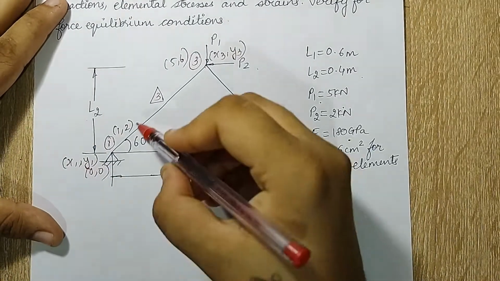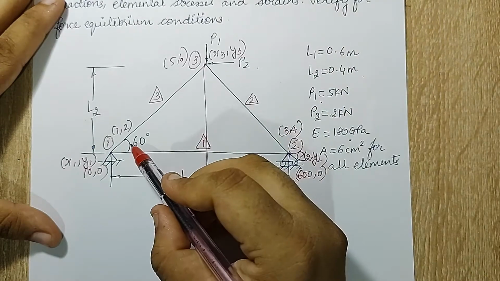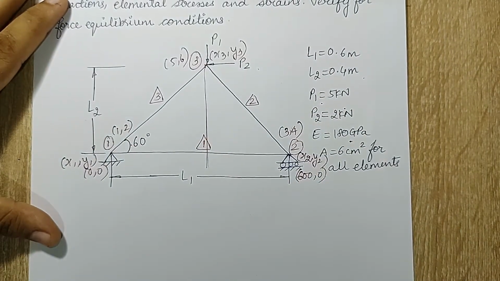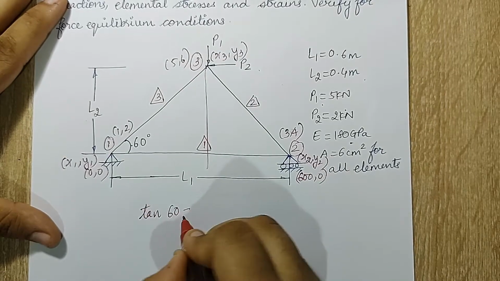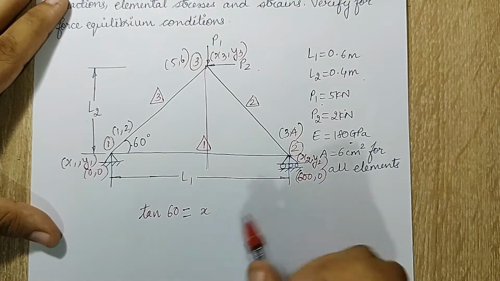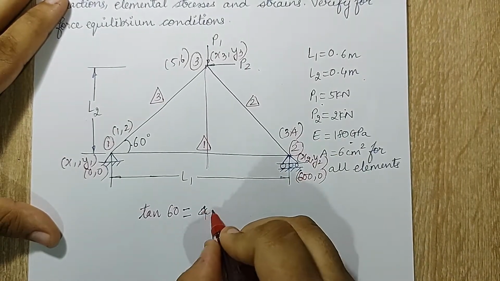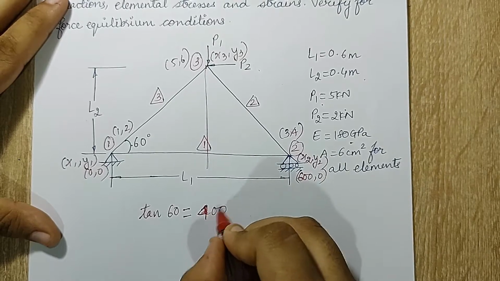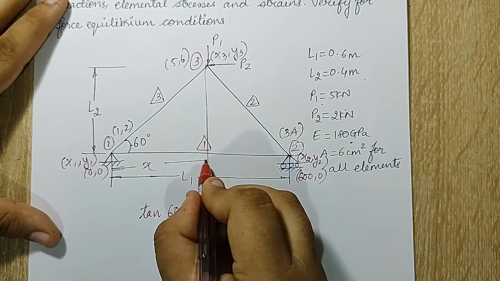Now for that, if you assume this triangle over here, if you look carefully, this is 60 degrees. Suppose I take tan of 60, tan is always opposite upon adjacent. This height is given to me, L2, as 400, and this distance, let me mark as x.